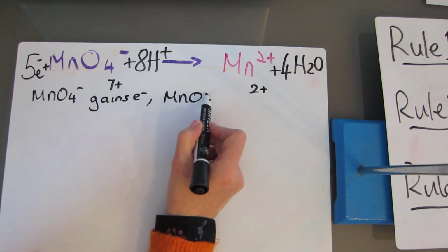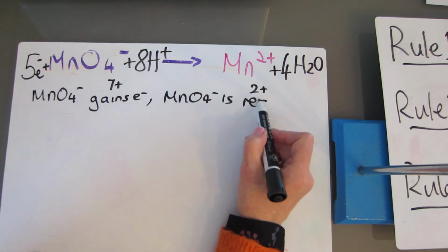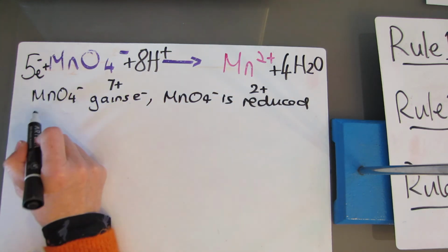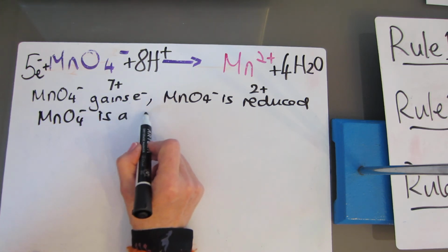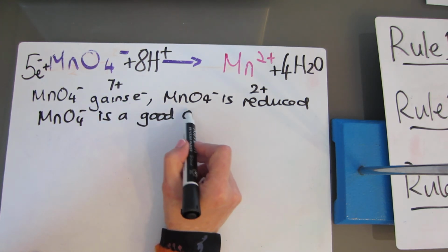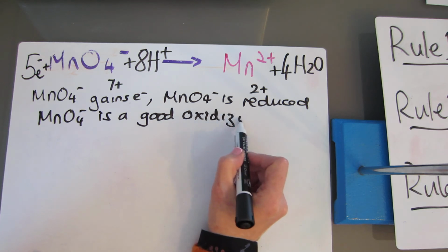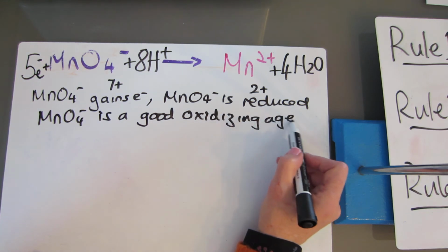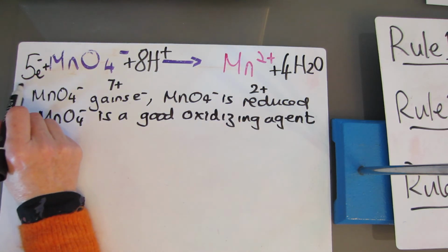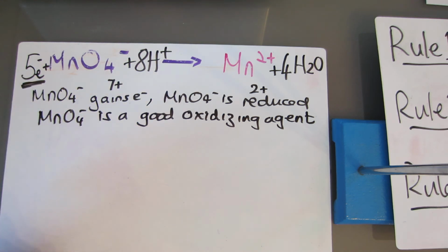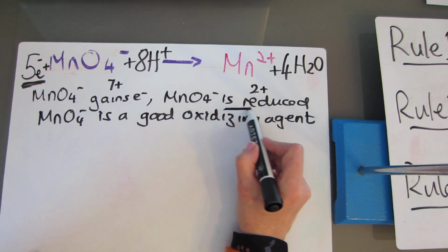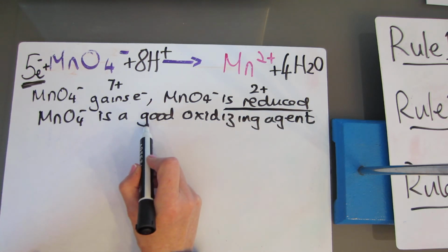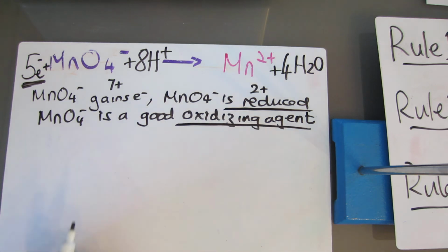MnO4 minus is reduced. So MnO4 minus is a very good oxidizing agent. How can I tell it's a really good oxidizing agent? Because it actually gained quite a lot of electrons. The more electrons it gains, the better the oxidizing agent. Okay, remember this. It's reduced, it's the oxidizing agent.